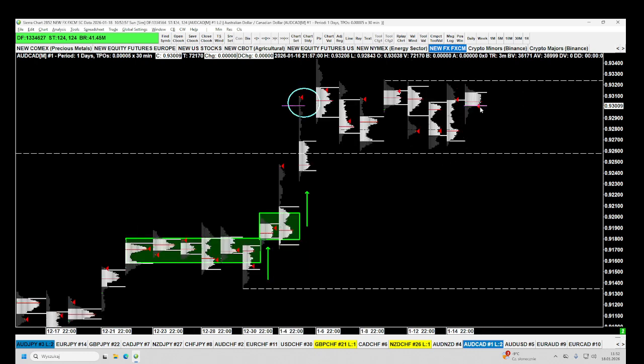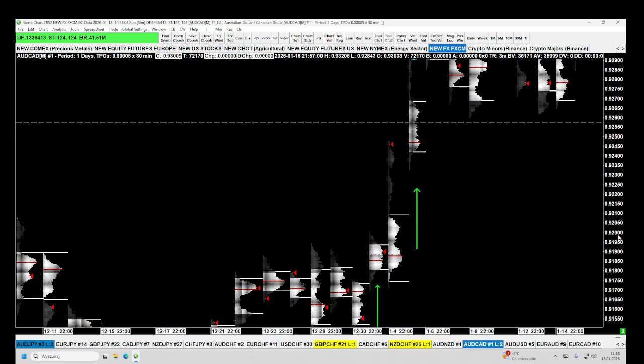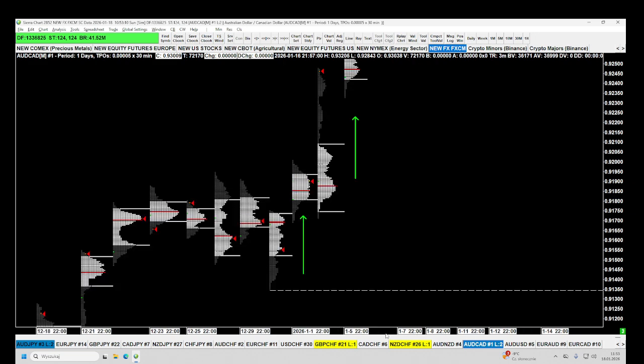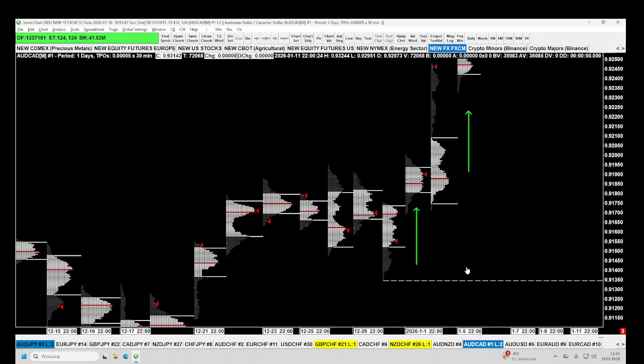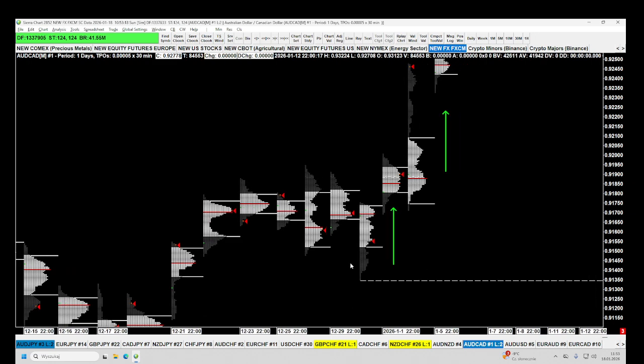We'll see. We are still around my entry level, but the basic idea for this trade was very similar to the prior ones, and all of the previous ones, I would say, but with this difference that it's to the short side.